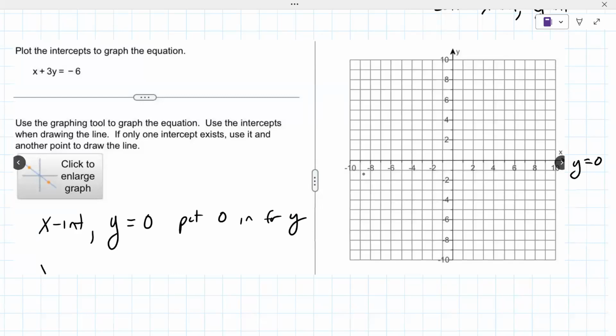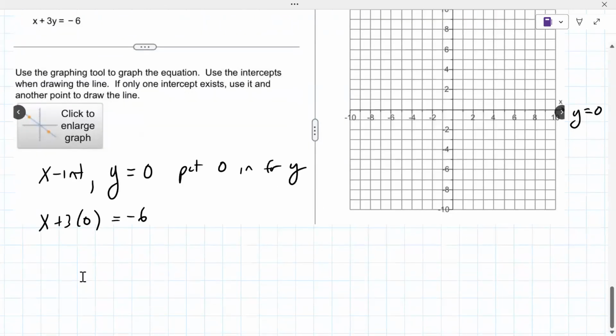So it's x plus 3 times 0 equals -6. What is 3 times 0? 0. So notice it goes away. x equals -6. So your x-intercept is at -6. It's the ordered pair (-6, 0).